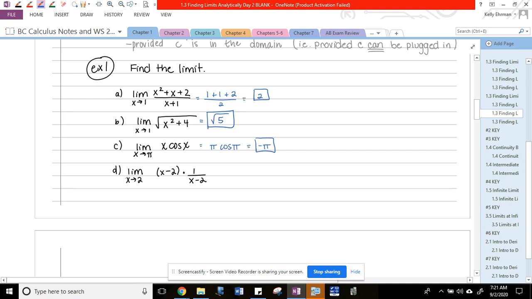You get 0 divided by 0. 0 divided by 0 is not equal to 0, and it's not equal to 1. But remember, this can reduce. And so you can say, really, we're looking at the limit as x approaches 2 of just 1. That's a constant function, and your answer is 1. The function's undefined at 2. There's a hole, but otherwise it's 1 everywhere else.